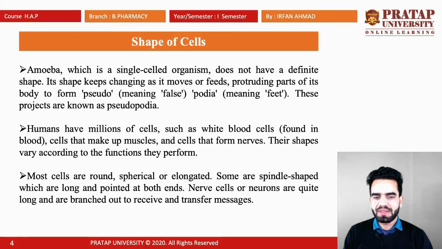Some cells may be spindle shaped, pointed at both ends. For example, nerve cells, or neurons, are long and branched, because they are used to receive and transfer messages. So the shape of a cell is determined by its function. Amoeba has no definite shape, unlike the human cells, which have definite shapes that depend upon the functions they perform.